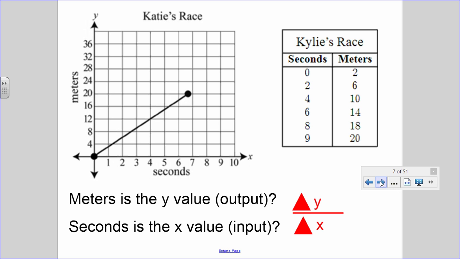So that's kind of like measuring the change of distance over the change of time. That sounds like slope to me. Or we just learned in the last lesson the rate of change is slope. So if we could just find the slope of this line, and now I'm just going to call it the rate of change more often, we'd be able to know how fast Katie's race is, or what's her time.